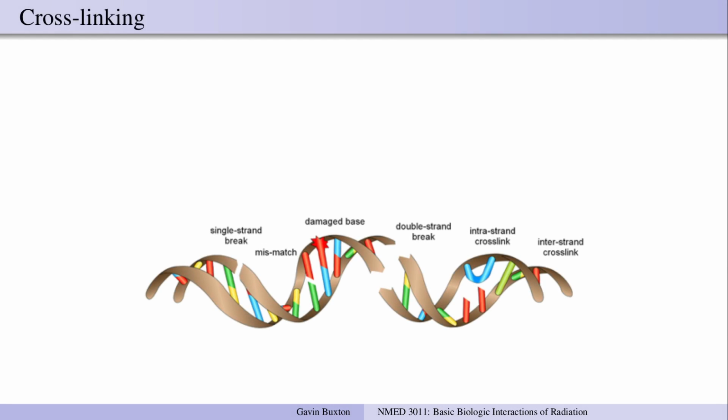Another effect that can happen is cross-linking. In addition to breakages of the DNA strands, radiation can cause cross-links. An intrastrand cross-link can be formed between two regions of the same DNA strand.